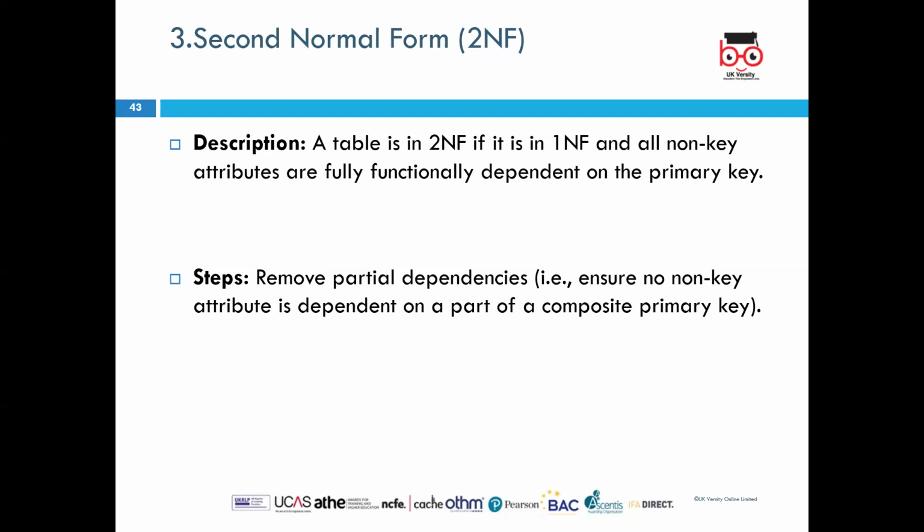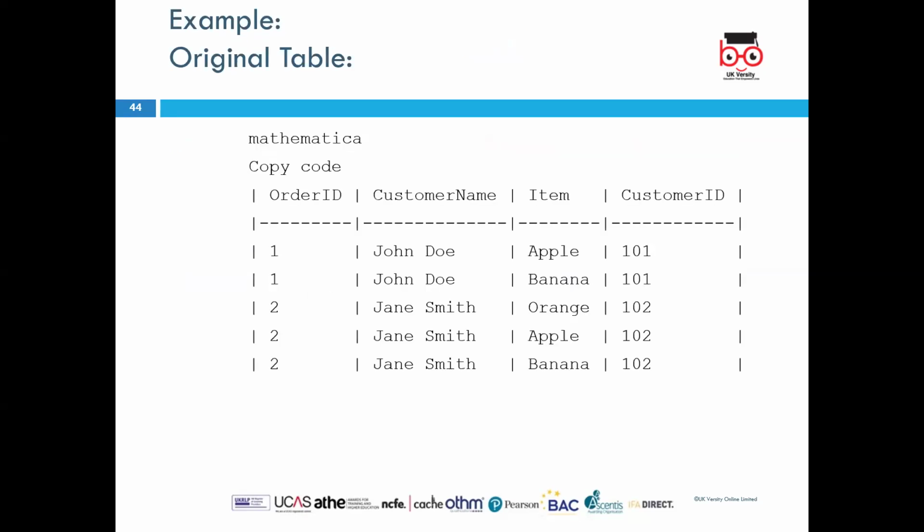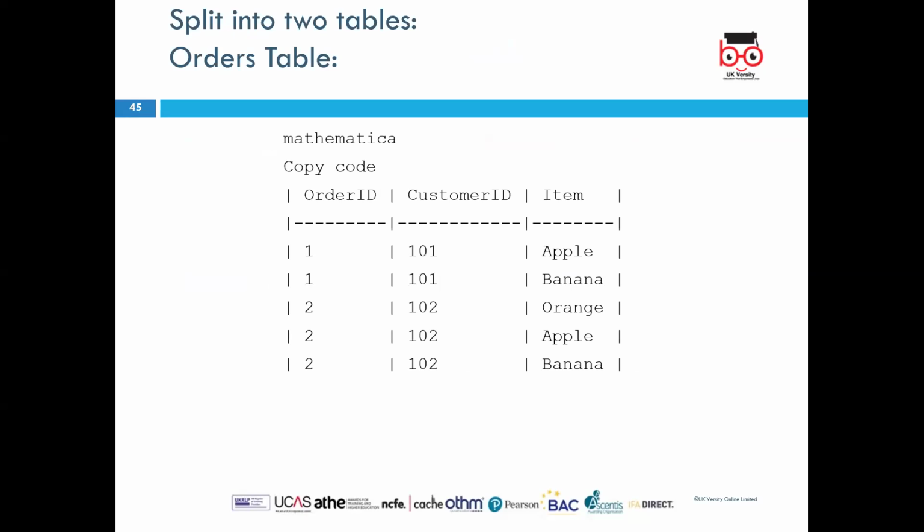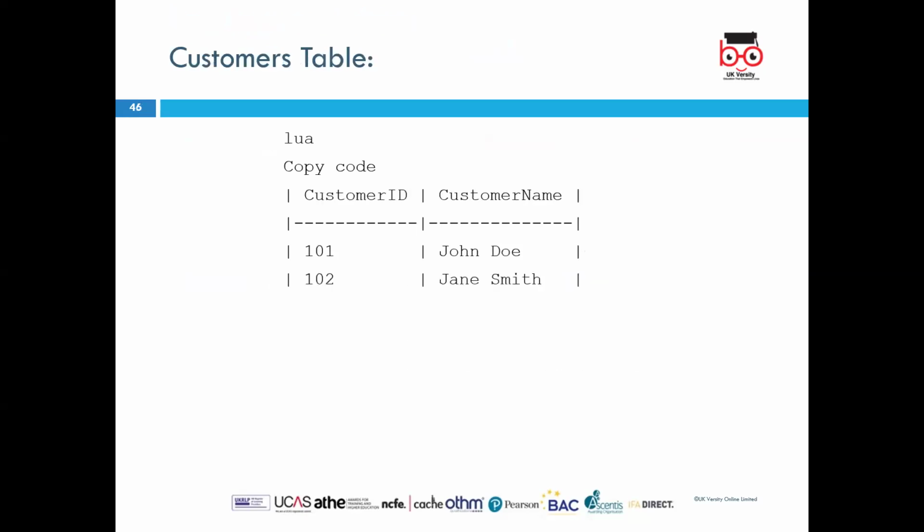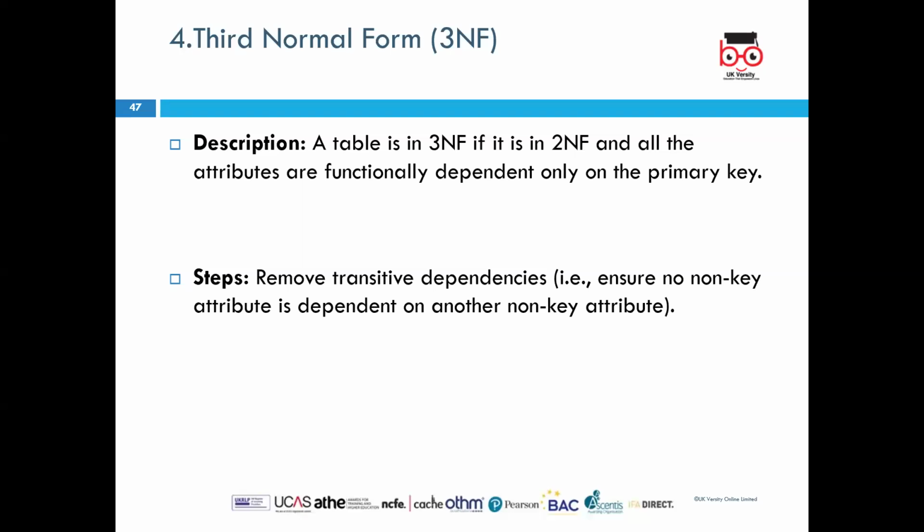It's going to remove partial dependencies, and ensure that no non-key attribute is dependent on part of the composite primary key. So here are the various examples.